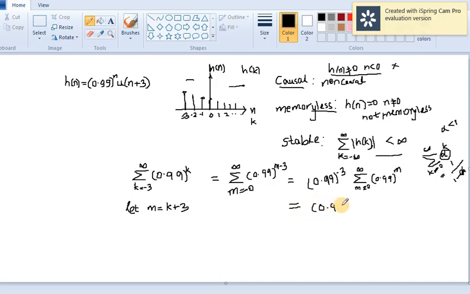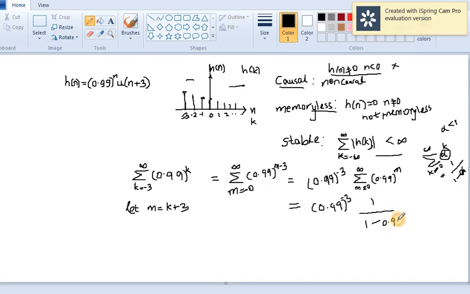Now clearly it is less than 1, so we can write the solution of this as 0.99 raised to minus 3 times 1 by 1 minus 0.99.